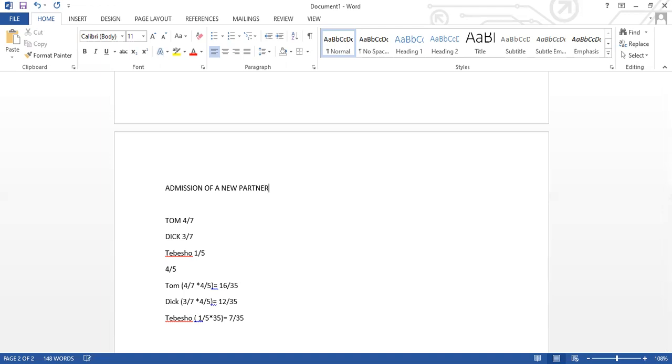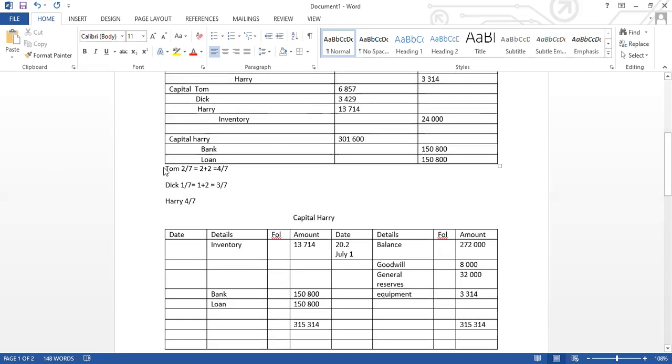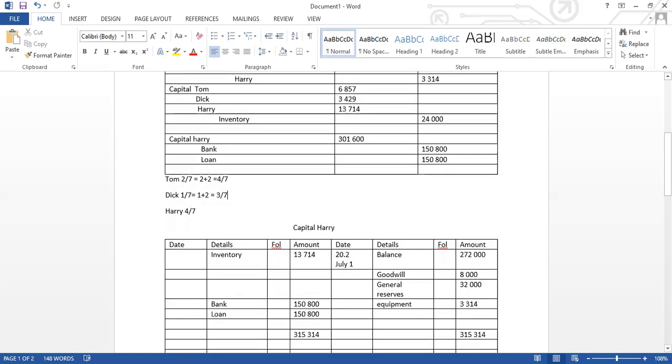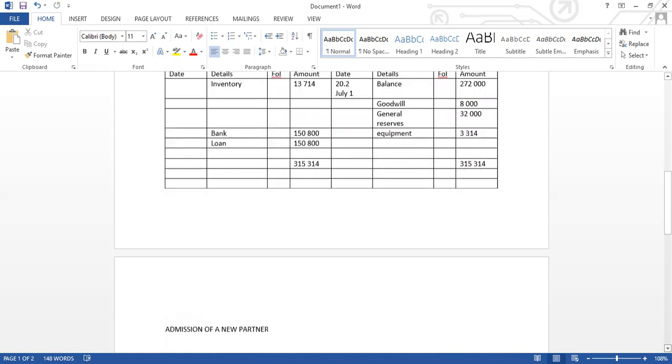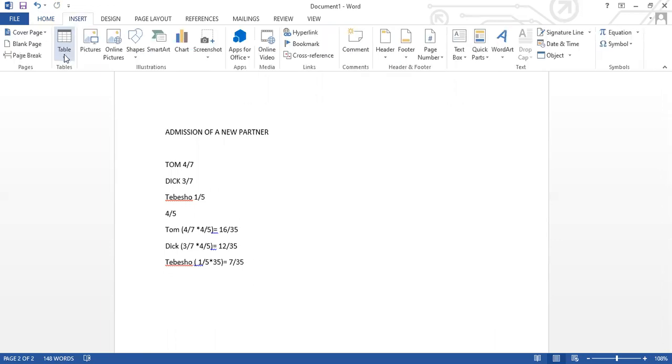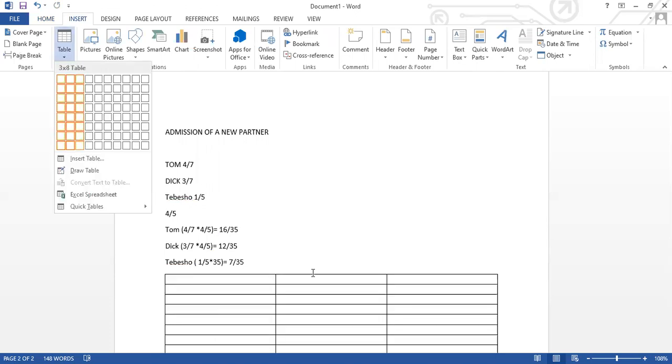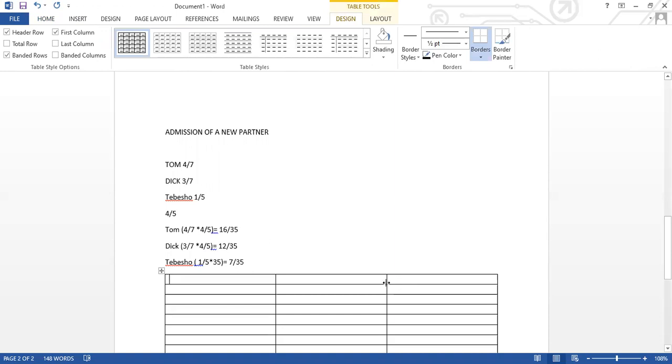Okay. So let's move on. Let me just draw up a new general journal. But in the examination, you don't need to draw up a new general journal. It's the same, you just use the same general journal. No need to draw up a separate one.